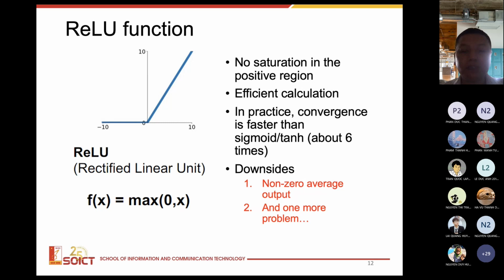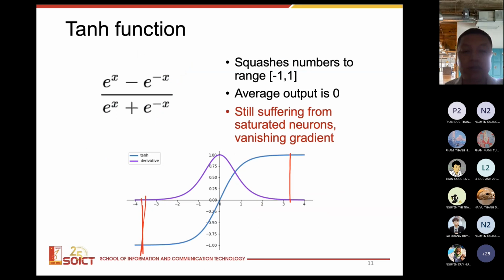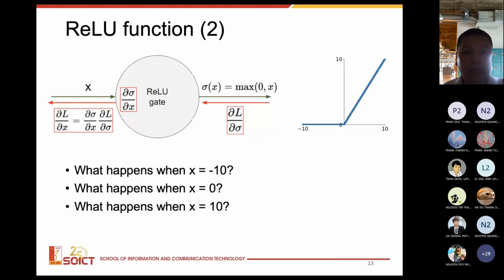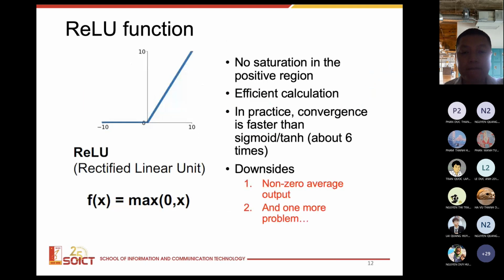It's very efficient in terms of computation because the function is very simple, either 0 or x, right? In the case of tanh or the sigmoid function, the calculation includes the exponential operation, and that is correct.